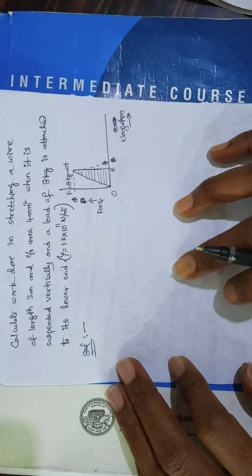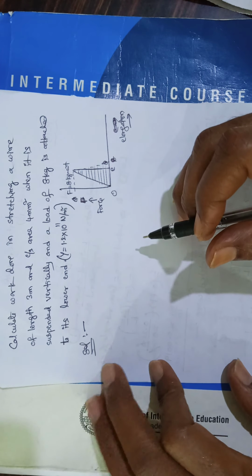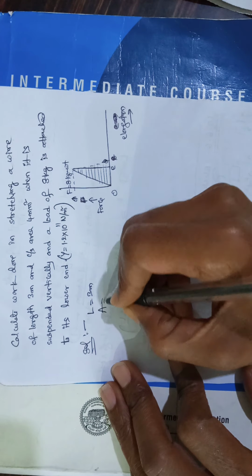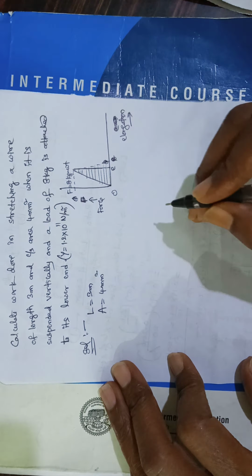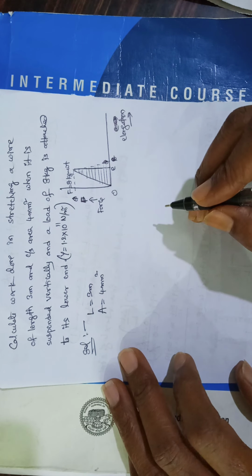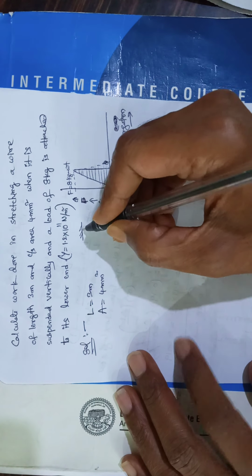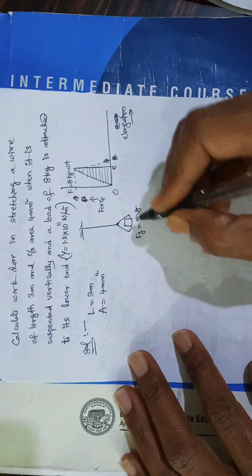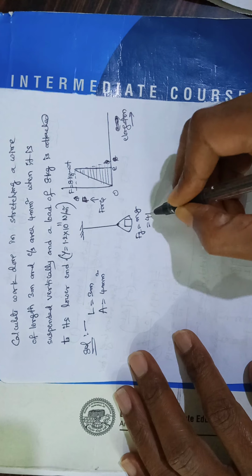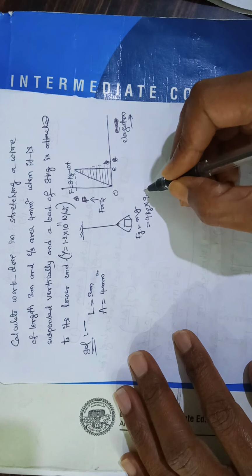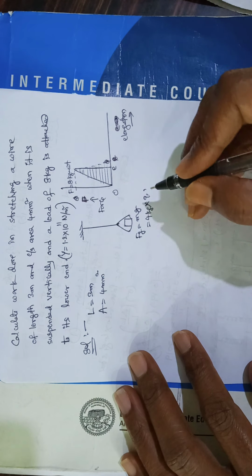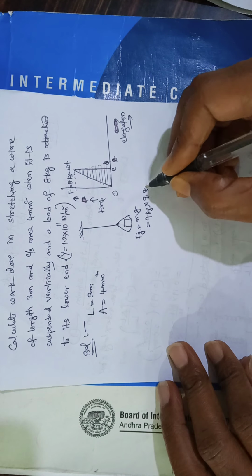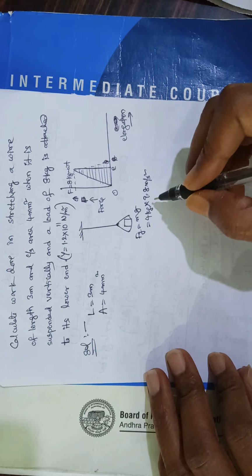Let us do a problem on this. Calculate work done in stretching a wire of length 3 meters and cross-sectional area 4 millimeter square when it is suspended vertically and a load of 4 kg is attached. 4 kg into g value 9.8, so here we get the force value.